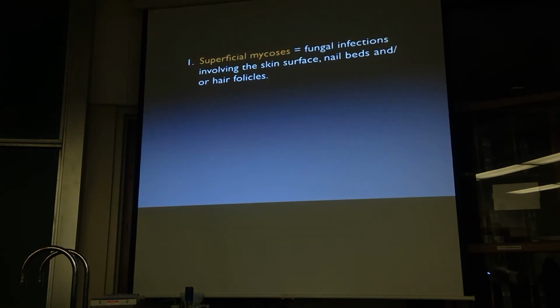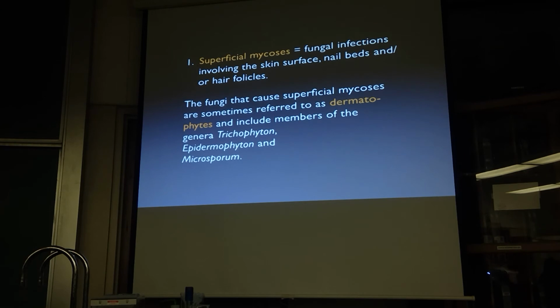So superficial mycoses. These are fungal infections that involve fungi growing on the surface of the skin, or they can grow in association with hair follicles, and sometimes they do damage to the hair. They can get into nail beds and cause damage to the nail. Superficial mycoses are caused by a group of fungi that are often referred to as dermatophytes.